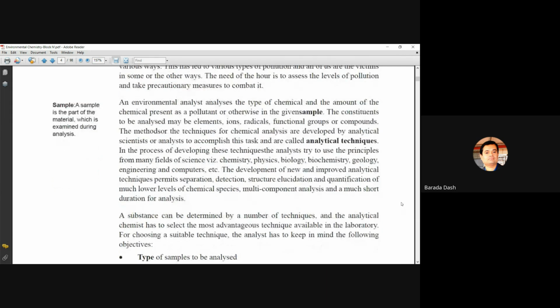There are many different analytical techniques available in the fields of science like chemistry, physics, biology, biochemistry, geology, even engineering, to characterize a substance and get information on its functional groups, elements, ions, radicals, all those things.